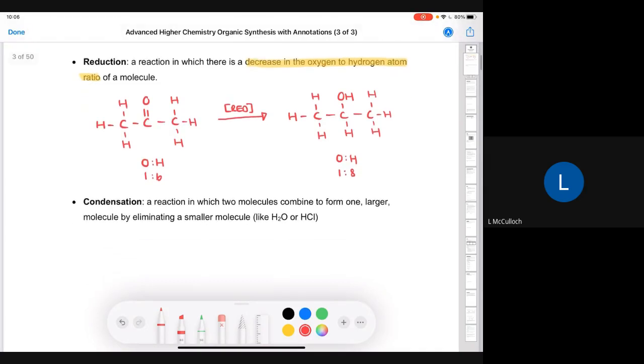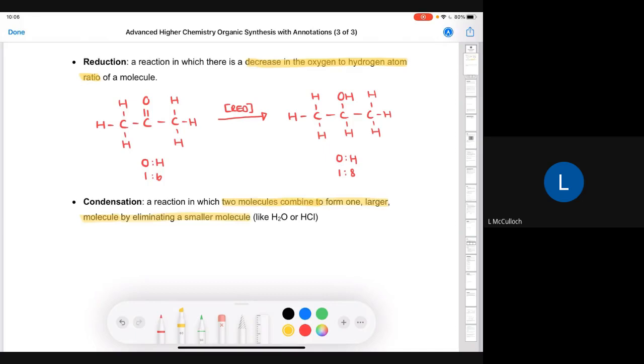All right, a condensation reaction is another reaction that we looked at in Higher. It's a reaction in which 2 molecules combine to form 1 larger molecule by eliminating a smaller molecule.